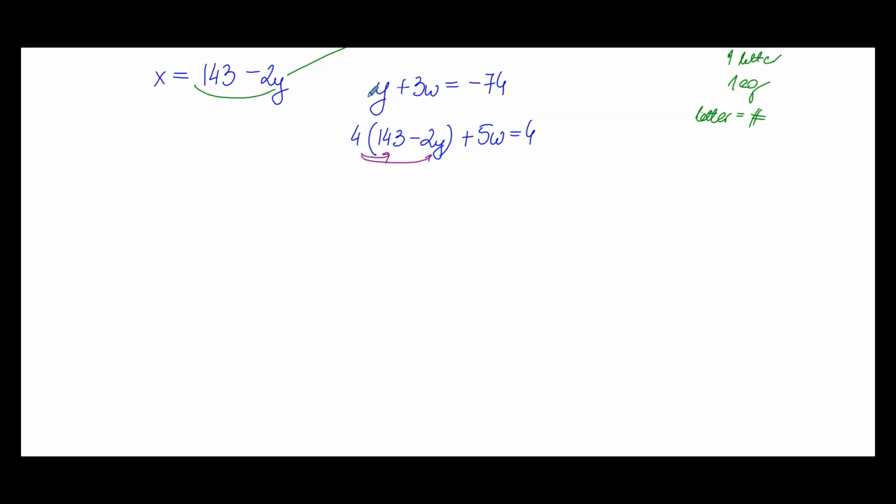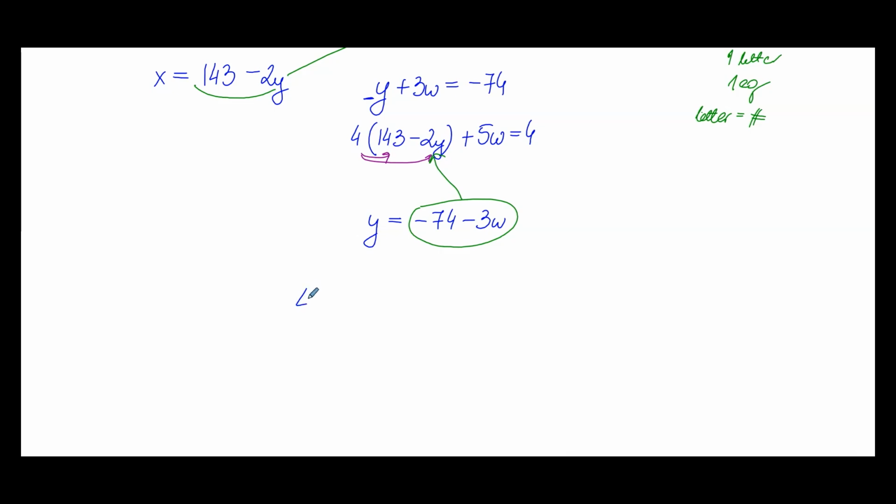So let's take again, here we have y without any number beside it. So we're going to move that 3w to the other side and therefore change the sign. So we have minus 74, and we move plus 3w to the other side, becomes minus 3w. So now we can take that expression for y and replace y in our other equation.